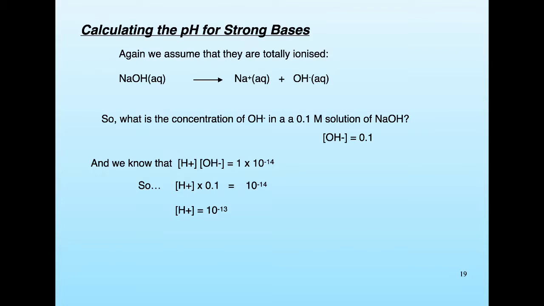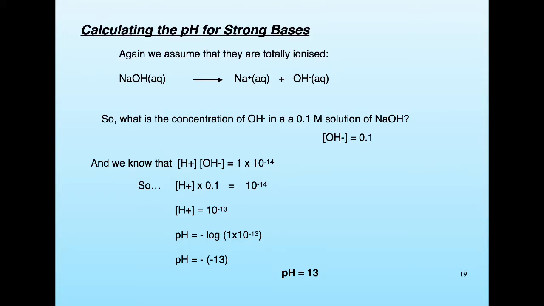Okay, a little bit of maths. And if we know the concentration of hydrogen ions, then plug the numbers into the pH expression, and we get pH equals 13. So the pH of a 0.1 molar solution of sodium hydroxide is 13. It's quite interesting because the pH of a 0.1 molar solution of hydrochloric acid is 1.